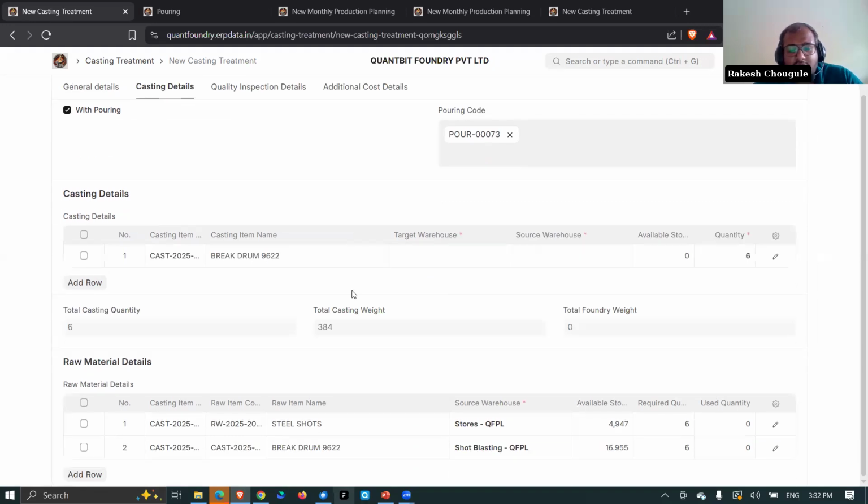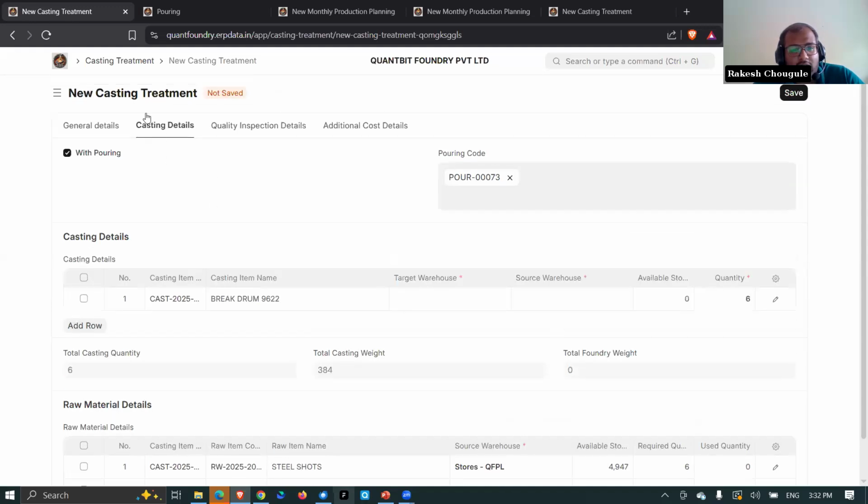So this particular casting treatment, or we can say this particular shot blasting and fettling, is done for the particular heat entry. Here you can see the raw material required, that is steel shots, and the casting itself is available for production at the stage of shot blasting.